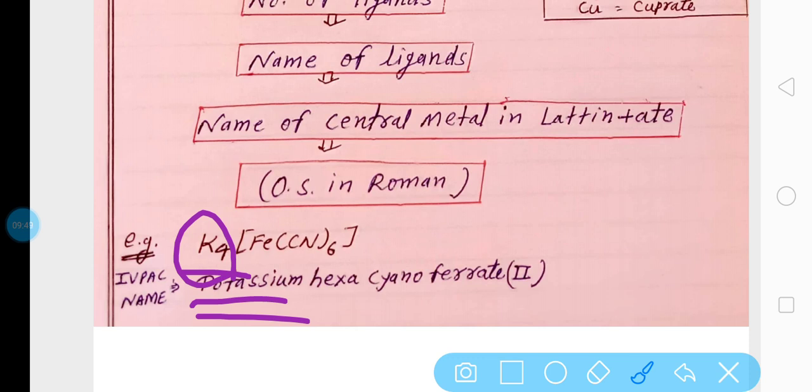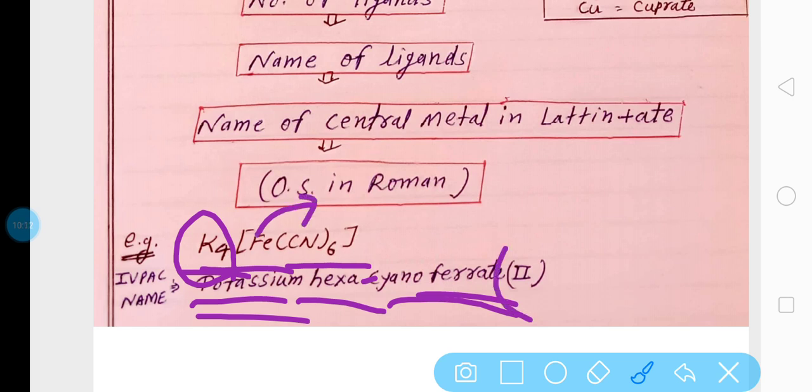Then number of ligand, so hexa, and after hexa what is written? Name of ligand, cyano. And here name of central metal is in Latin, na? For iron, ferrum is there, and we have to add ATE. That's why I have written here ferrate. And what is the oxidation state of iron here? 2. That's why I have written here 2 in brackets.